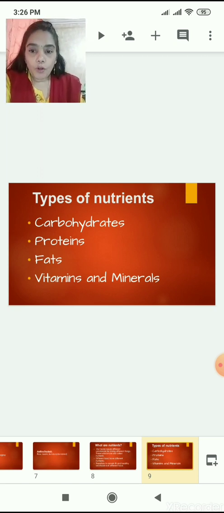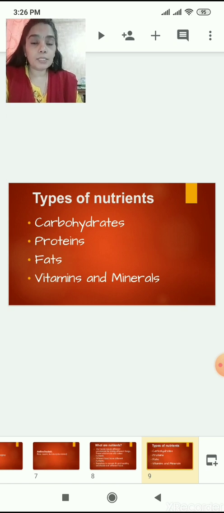So children, do all foods contain all these nutrients? Yesterday I told you to take a book and pencil and keep it ready, right? Today we are going to do some tests. We are going to find out which nutrient is present in a particular food.